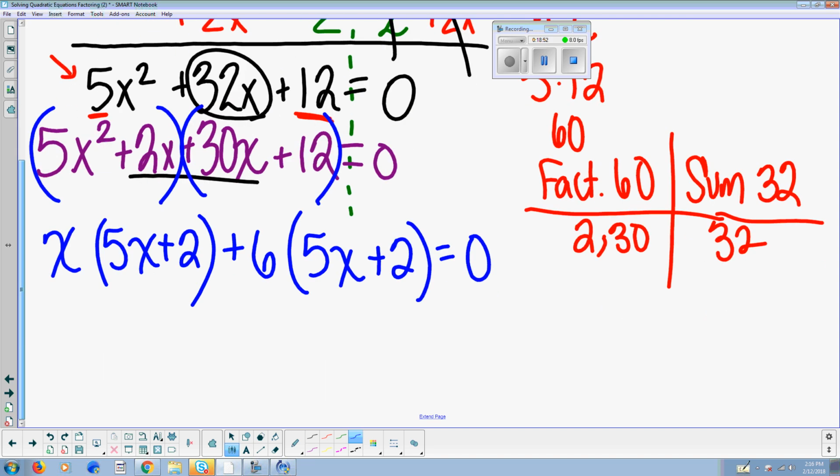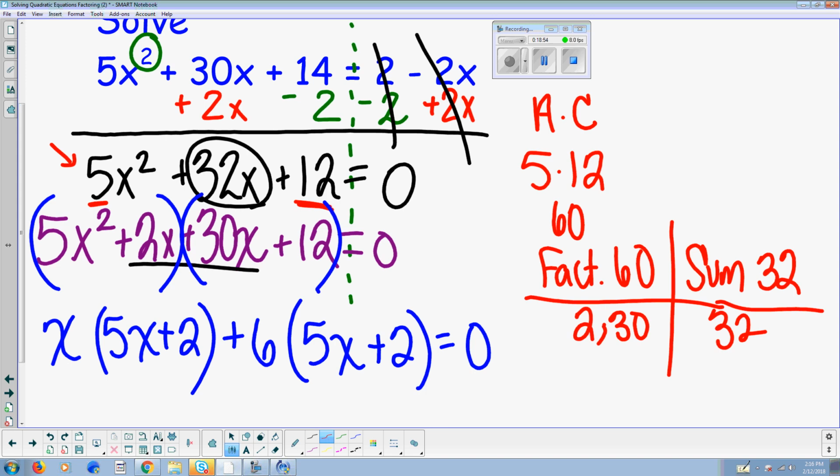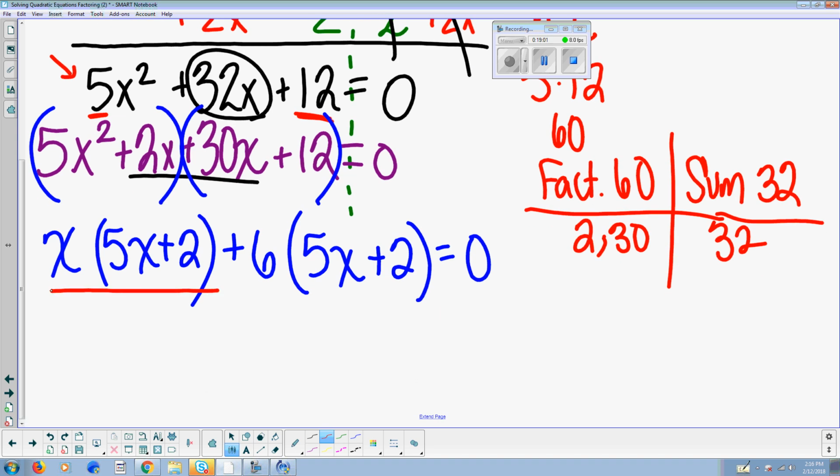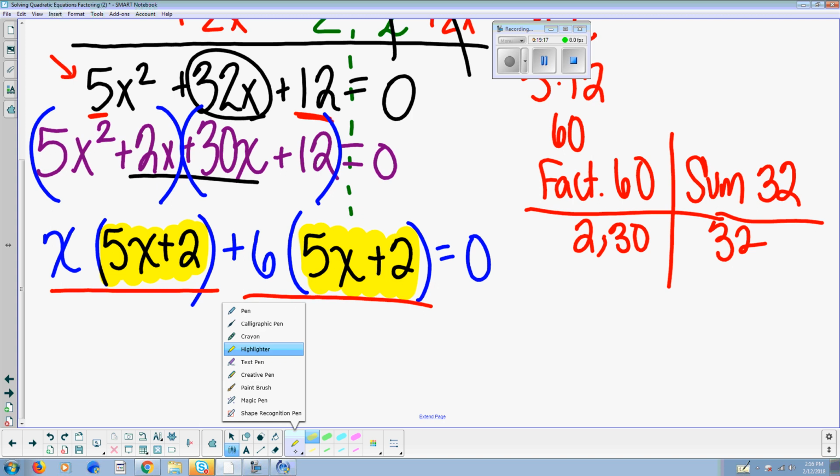Now, when we factor by grouping, we're looking at group 1 and group 2. And if you look carefully, group 1 and 2 have something in common. They have this binomial 5x plus 2 as a common factor. So we have another common factor that can now be factored out.